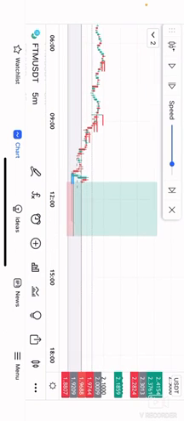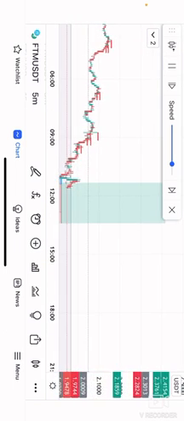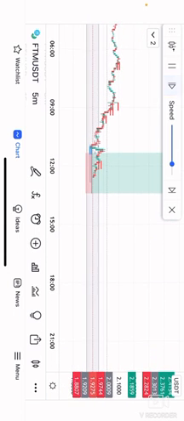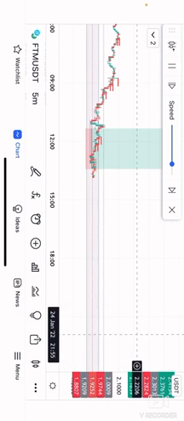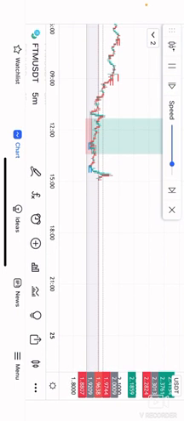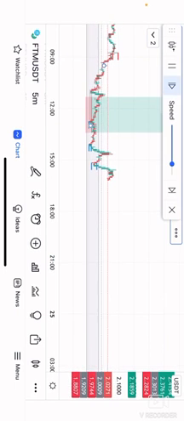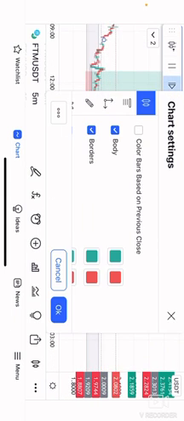So we just watch it play out, and it hit our entry, and it is going. Fast forwarding it. It is going.